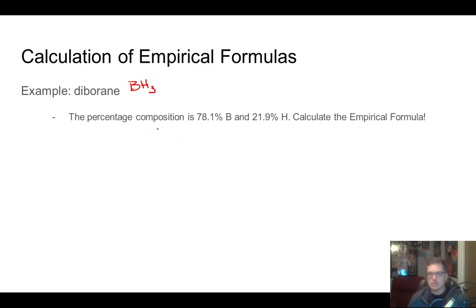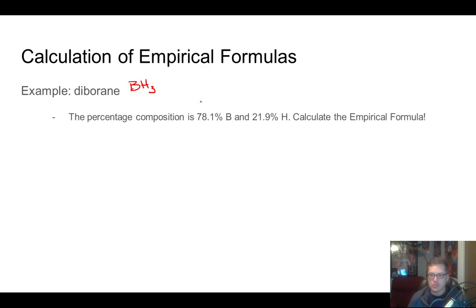All right, so it says the percentage composition is 78.1% boron and 21.9% hydrogen. Calculate the empirical formula. Now these percentages are percentages by mass. So the first step is mass to mole.